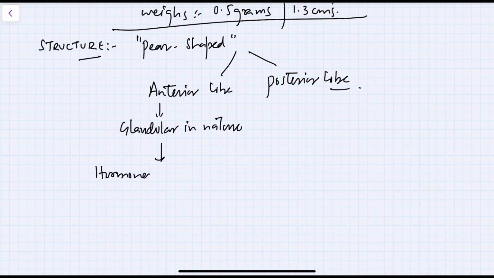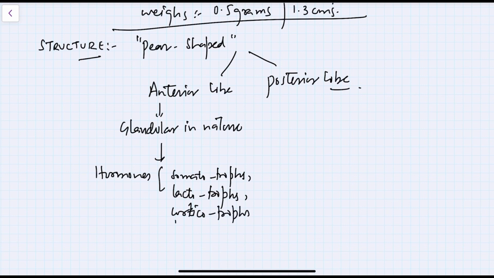These include somatotropes, like growth hormone, lactotropes, like prolactin, corticotropes, gonadotropes, like LH and others, and also thyrotropes. So all these tropes are secreted from the anterior lobe of the pituitary gland.